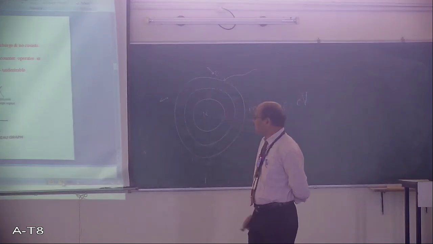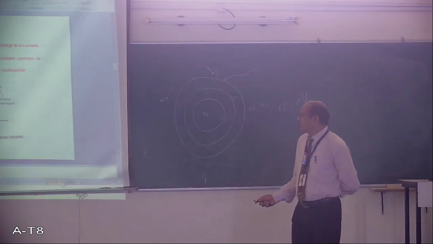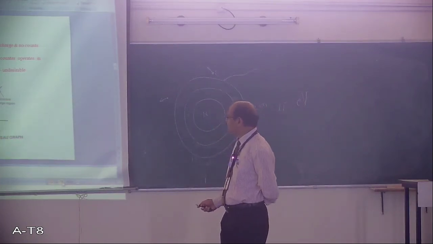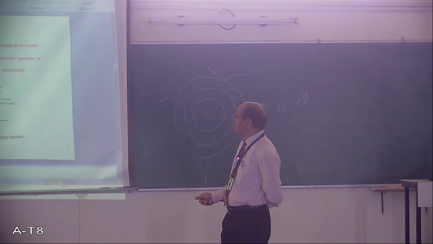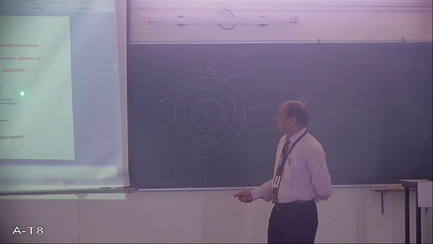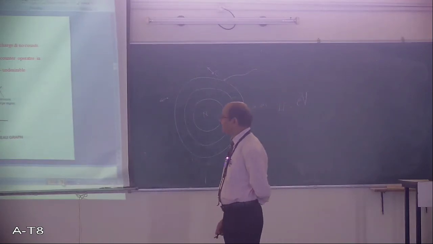This plateau region persists up to 1500 volt. If you increase the applied voltage beyond 1500 volt, a continuous increase in the count rate happens again. This is called the continuous discharge region.